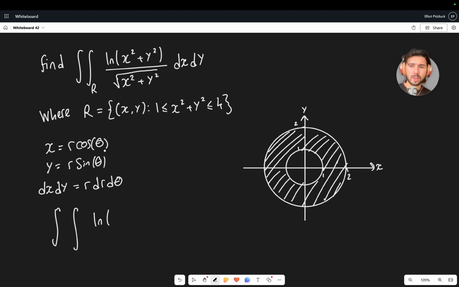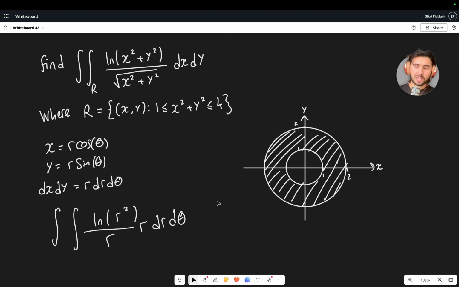That's just a consequence of what x and y actually are. So I'm just going to directly replace it with r squared there. And then I'm going to divide it by what? Well, again, x squared plus y squared is r squared, and so we're just taking the square root of that. So, of course, we've just got r on the bottom there. And again, dx dy is going to get replaced by r dr d theta. So you can already see a lot of stuff's going to simplify and it's going to be quite nice.